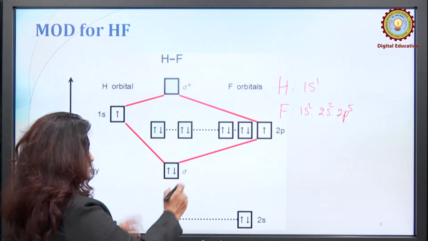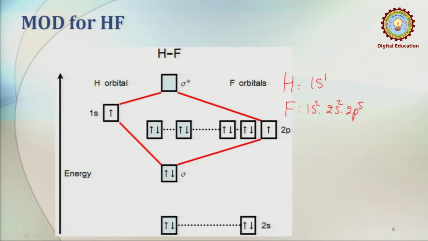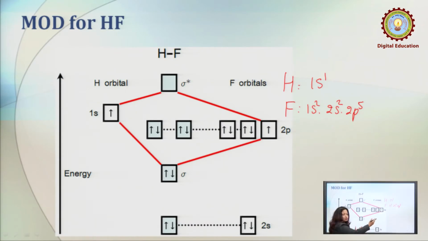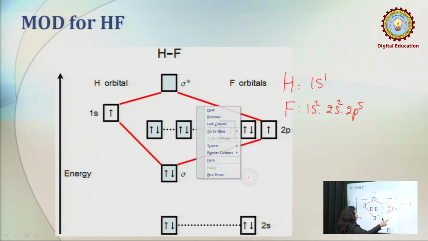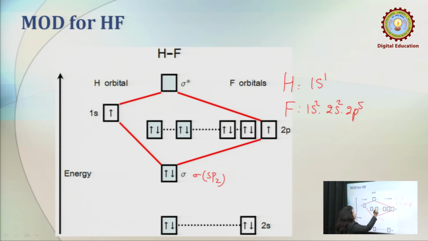So here you can see that if there are 2px, 2py and 2pz of fluorine atom, then pz and s combine together, overlap together to form sigma spz, and this is sigma star spz. Now what about this?